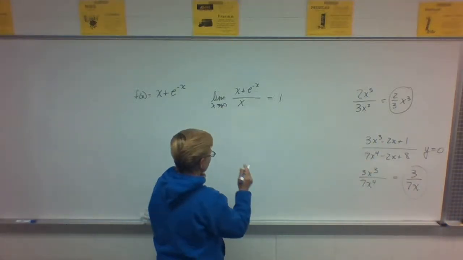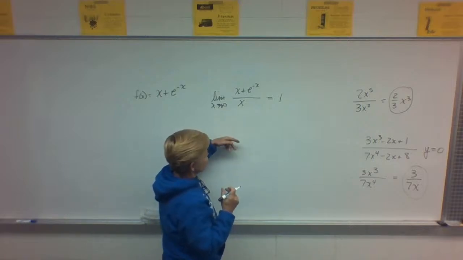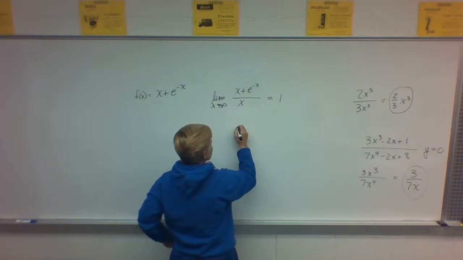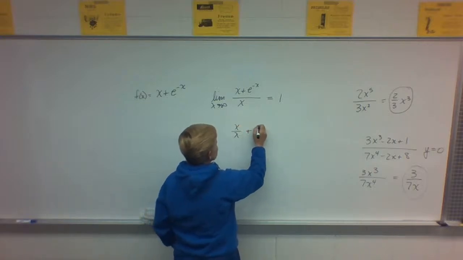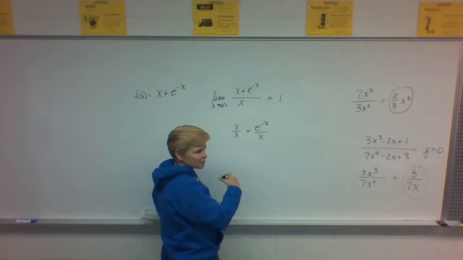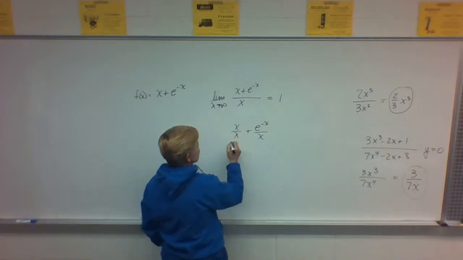What we're going to do instead to verify this, because what I had was x and x, which would have been infinity over infinity, which is inconclusive. So I've got to do something better with this. This is going to be x over x plus e to the negative x over x. And we're going to do it that way, like we did before with the 5 plus 0, remember? And take each one of these limits.